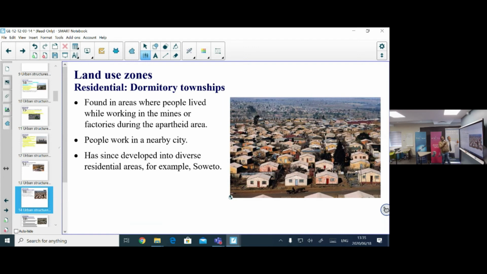So these are areas where the workers who are working in the mines are staying, and now they have been upgraded somehow into decent houses and so forth. An example has been given here: we've got Soweto, we've got areas like Alexandra, we've got areas like Tembisa. So these are the townships that are being referred to here.